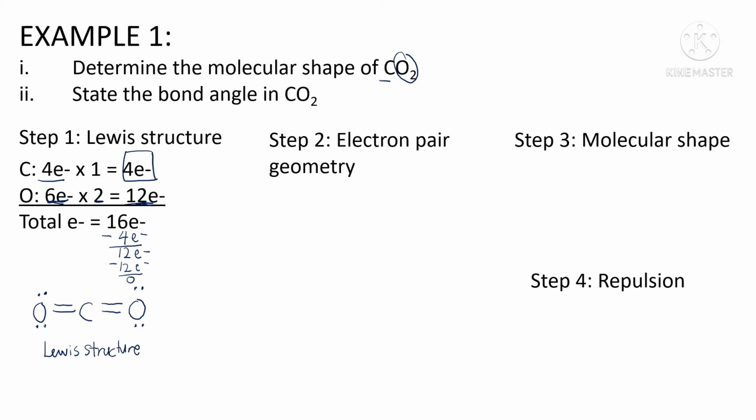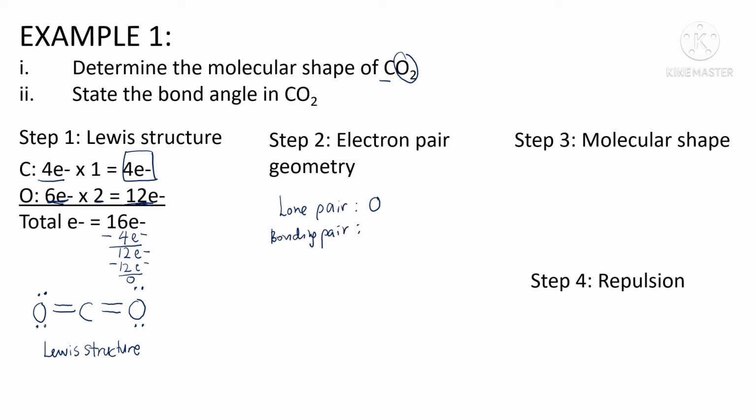And in step number 2, we need to determine the electron pair geometry. To determine the electron pair geometry, first we need to determine the total number of electron pairs around the central atom. To determine that, we need to know the number of lone pairs around the central atom. Around the central atom carbon, there is no lone pair, so lone pair 0. How about the bonding pair?